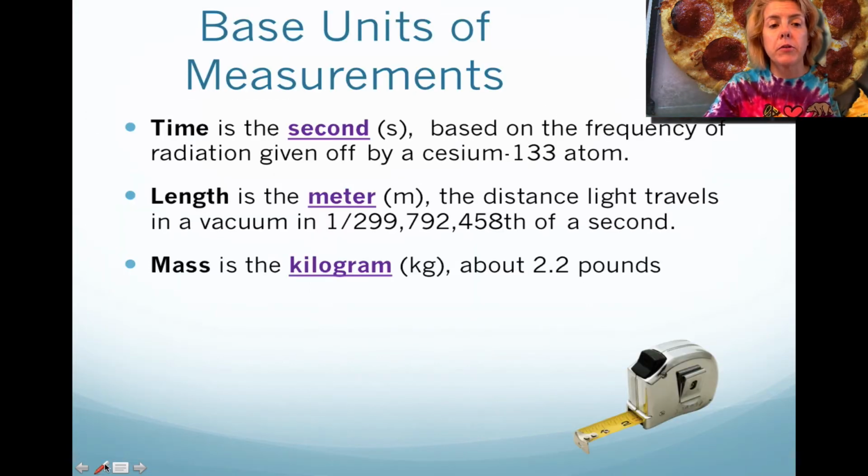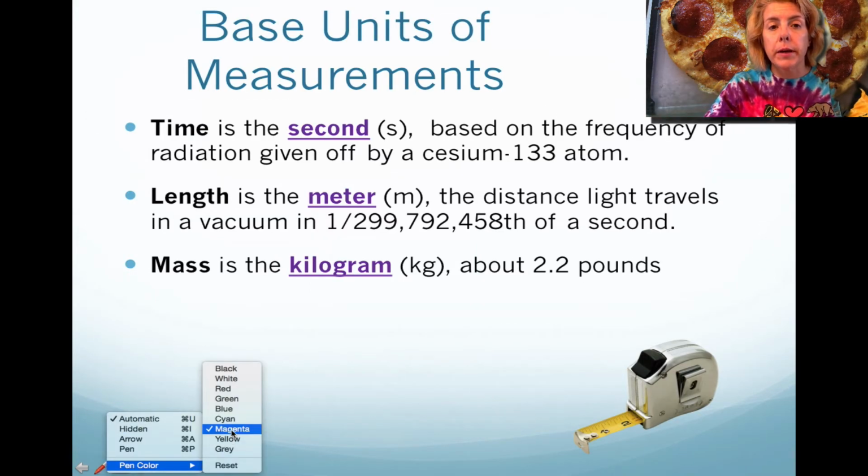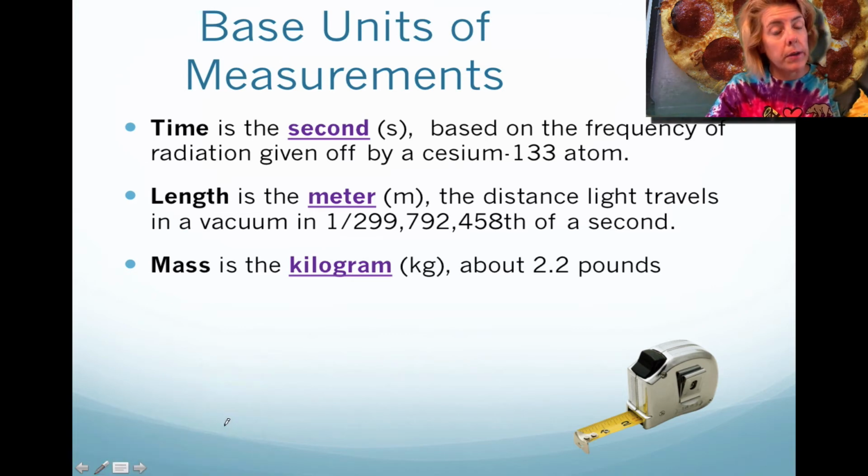All right, so base measurements. Please note when we're talking about time, and occasionally we do talk about time, we're talking about seconds. They actually have a standard in Paris, a cesium atom that is radioactive and typically ejects a particle every second, and that's how they keep track of time. For length, length is actually the meter, and they do use light to help measure length.